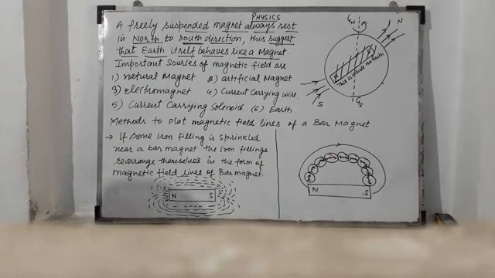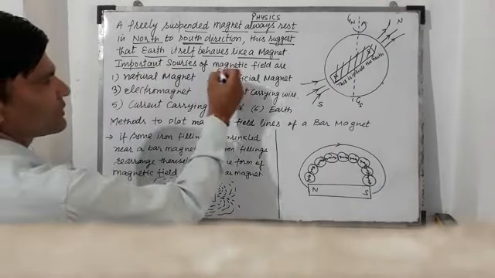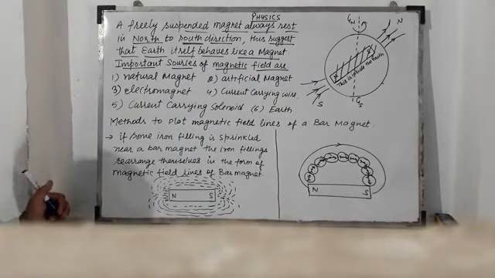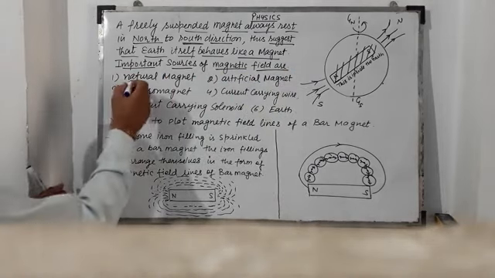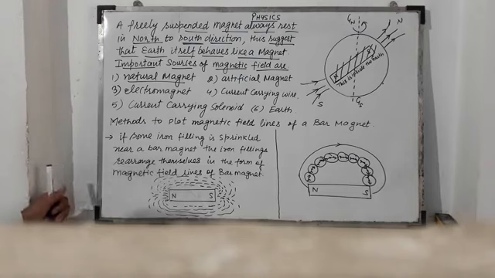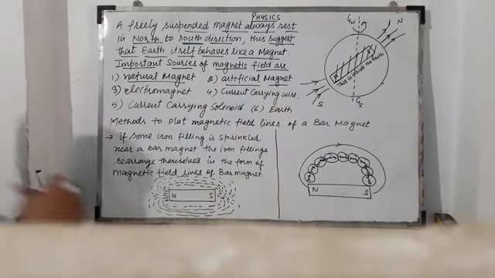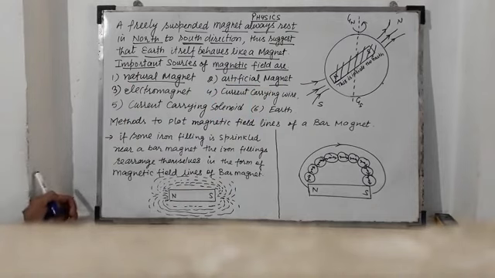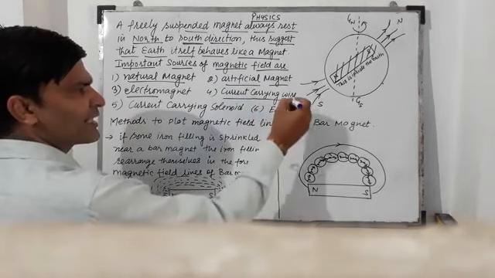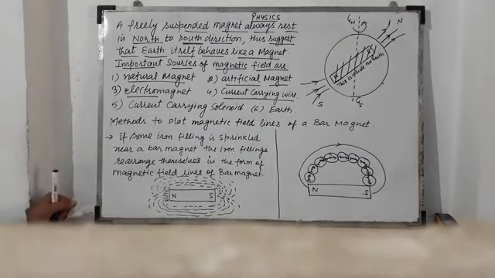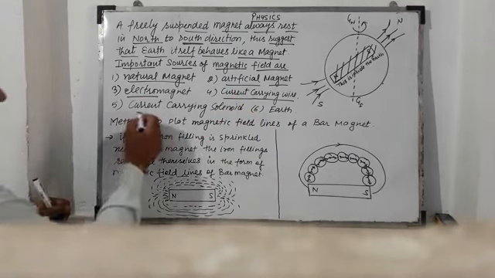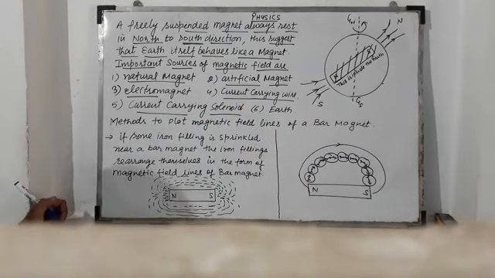Now the important sources of magnetic field are: a natural magnet gives a magnetic field, an artificial magnet also gives a magnetic field, an electromagnet also gives a magnetic field. A current carrying wire produces a magnetic field. A current carrying solenoid also produces a magnetic field.